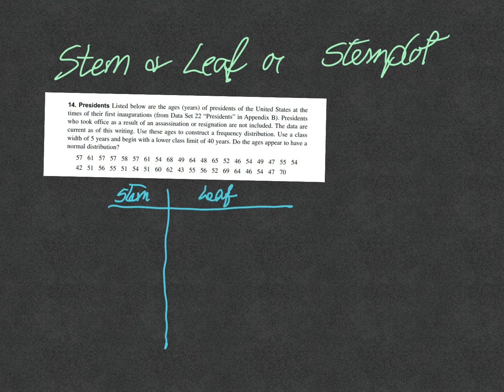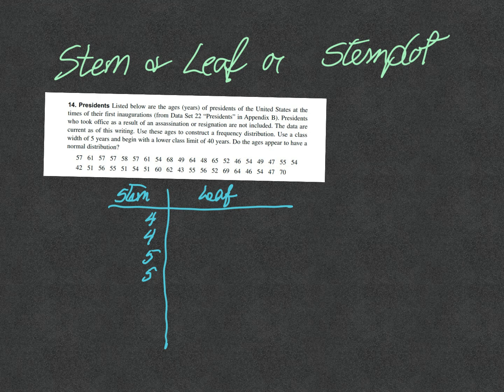And basically what you do is you split the number into a couple of parts. So what we see here is that we have the 40 through 45, and then the 45s through 50s, and then the 50s through 55s, and 55 through 60s, and then 60s through 65s.